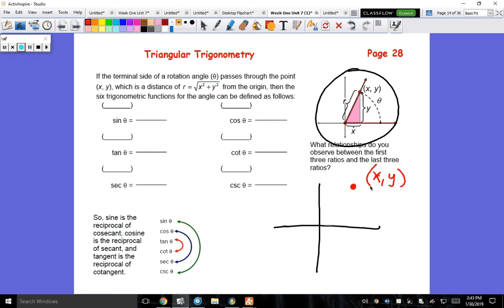So XY, first step. You need to draw a line from here straight to the center. Second step, draw a straight perpendicular line straight to the x-axis. Okay? That's it. You just now built something referred to as your reference triangle.